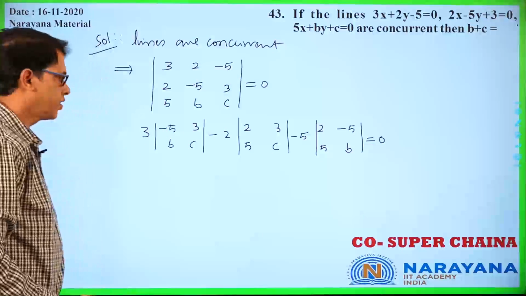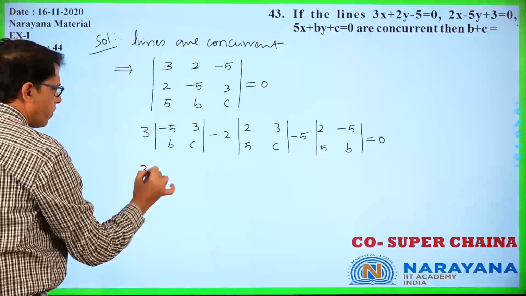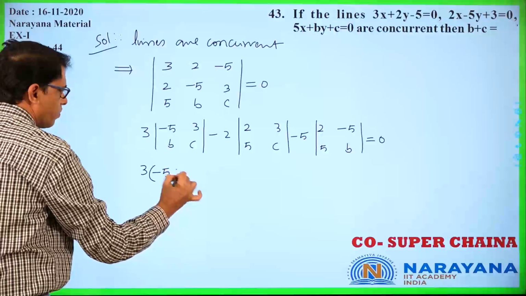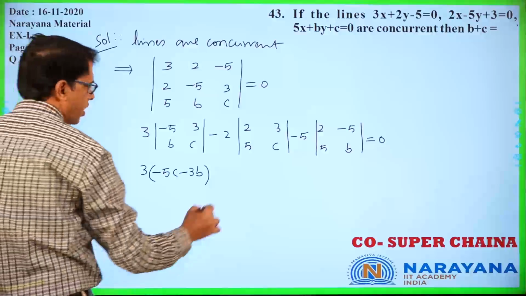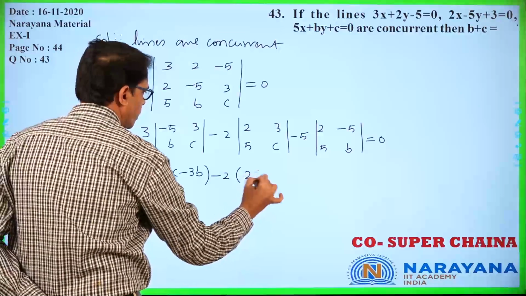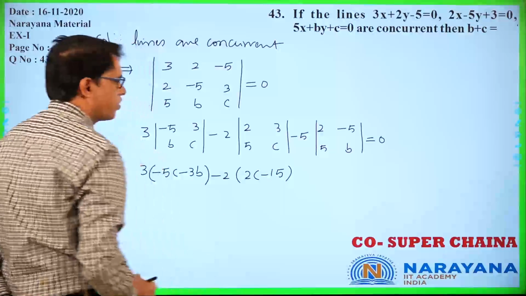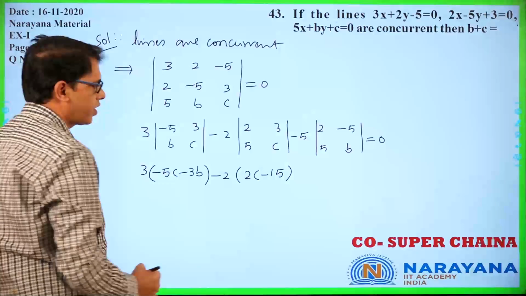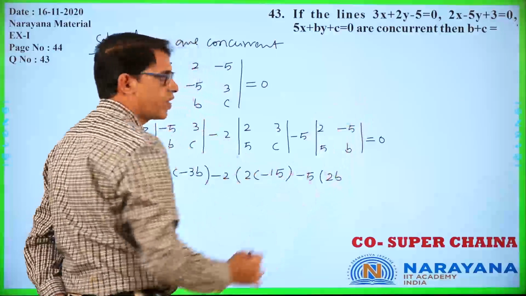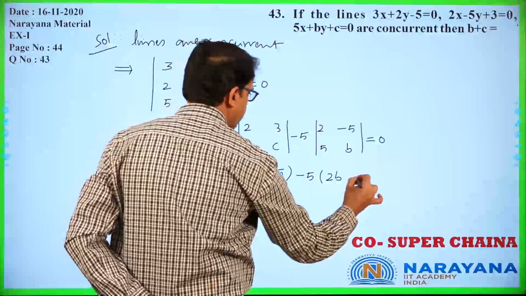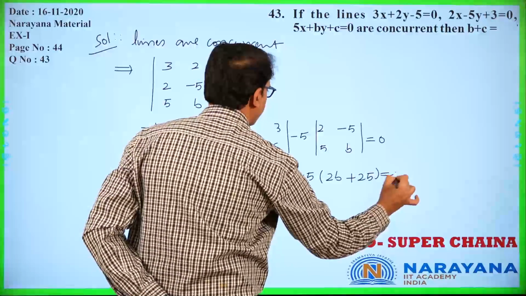Now expand. If you expand, 3 into minus 5c minus 3b, right? Then minus 2 into 2c minus 15, then minus 5 into 2b plus 25 equals 0.